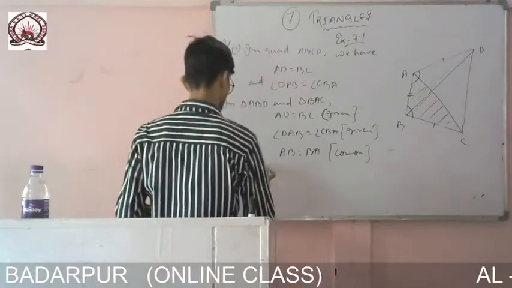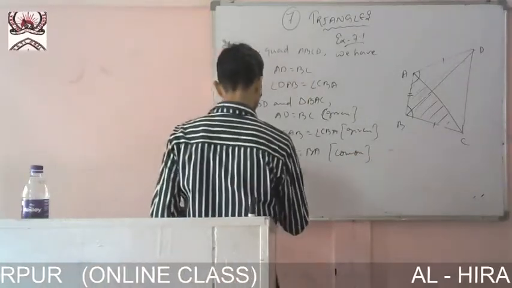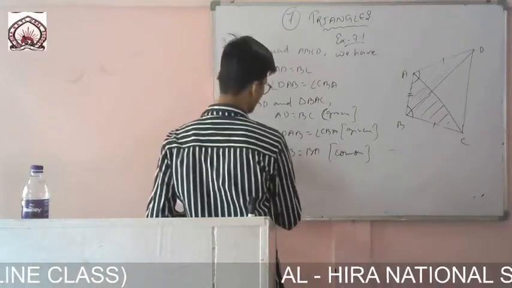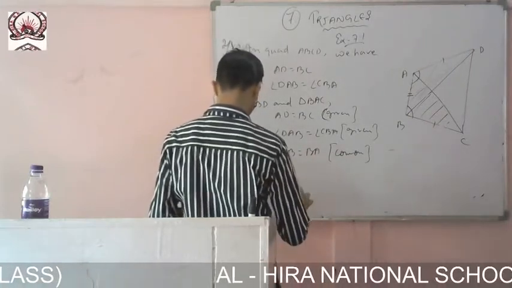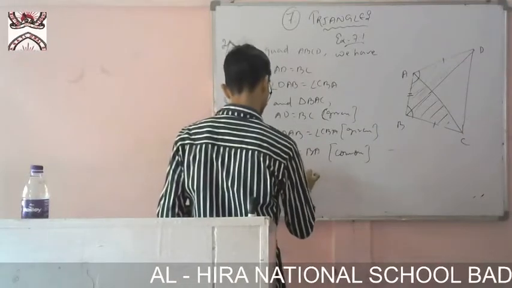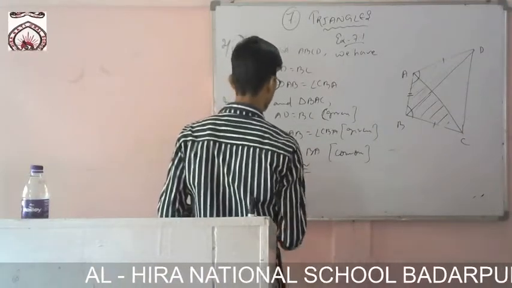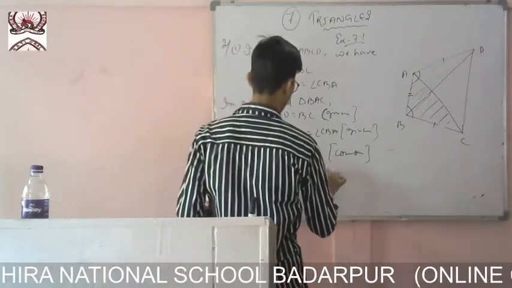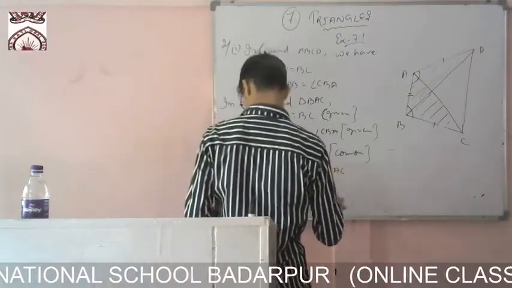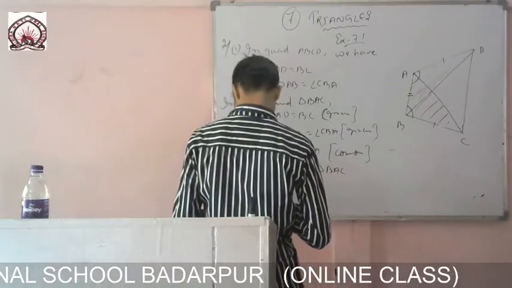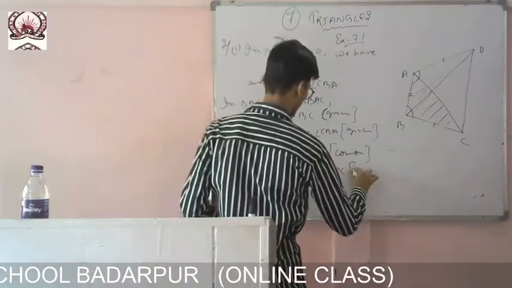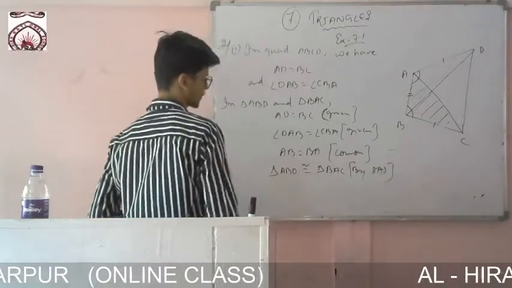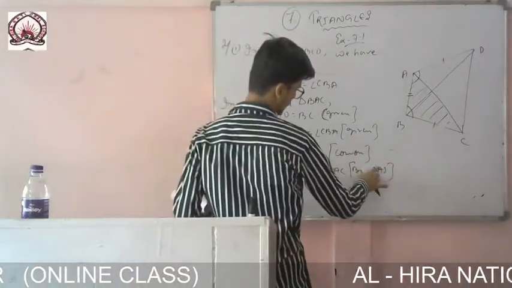So these two triangles are congruent by the postulate of two sides and the included angle, that is SAS. Triangle ABD is congruent to triangle BAC by SAS.